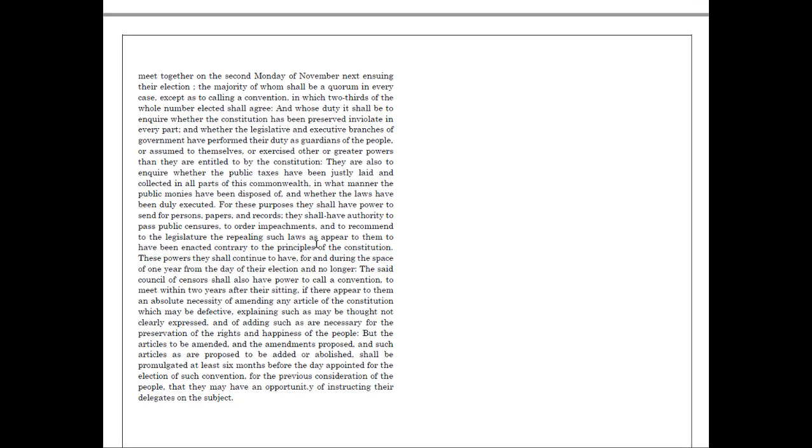They're going to meet every 7 years, and they are going to review every piece of legislation passed by the legislature in the previous 7 years. Any laws that they find unconstitutional or violating the people's fundamental liberties, they simply get to declare null and void.